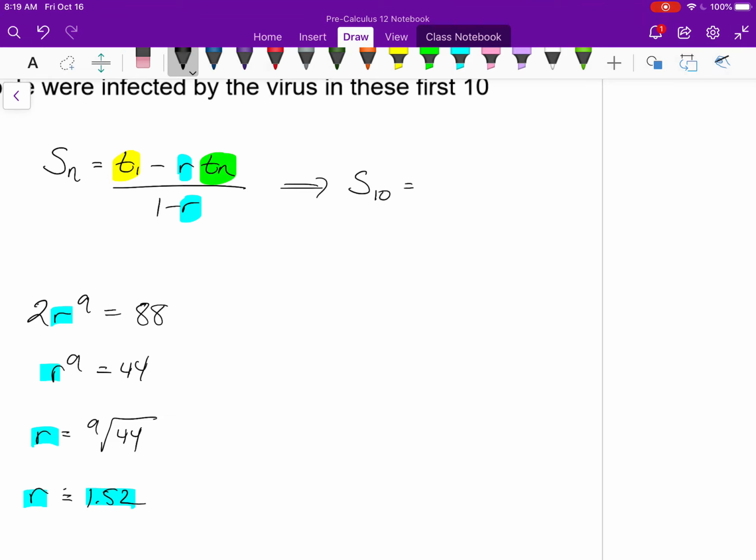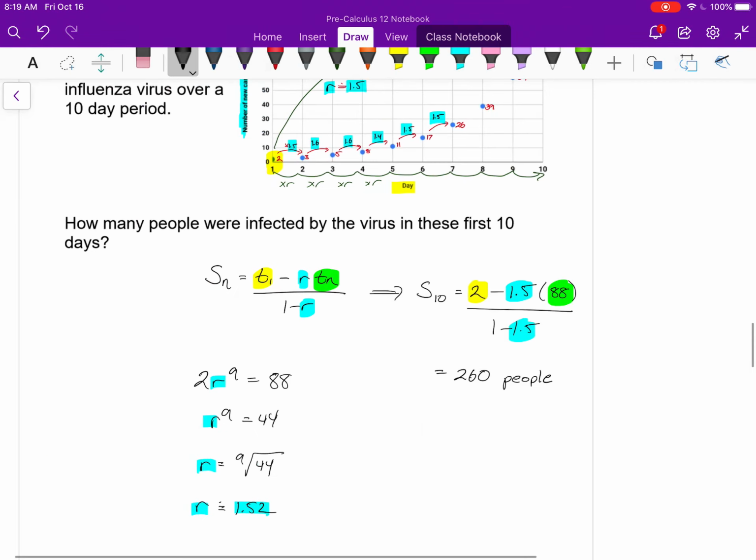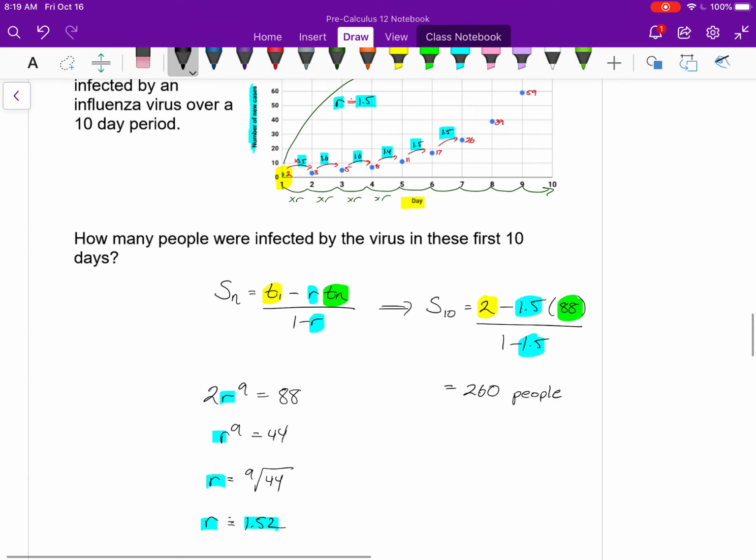S of 10 equals the first term, about 2, times 1.5 to the power of 88 divided by 1 minus 1.5. If I go to my calculator, I get about 260 people, which should be roughly the same thing I get if I add up all these numbers I drew in red. OK, that was after 10 days.